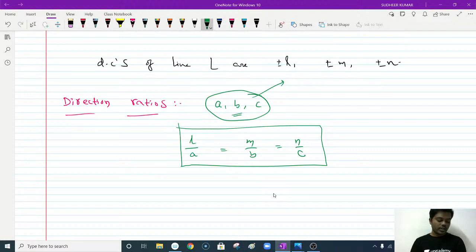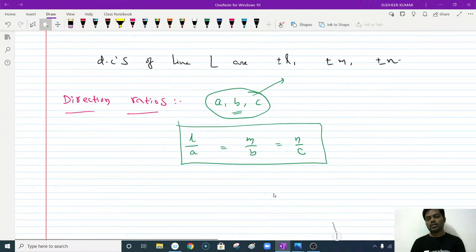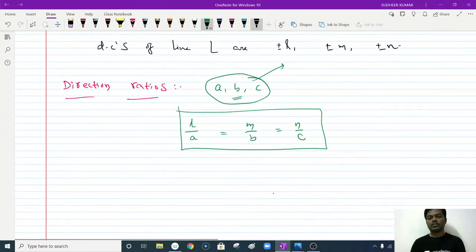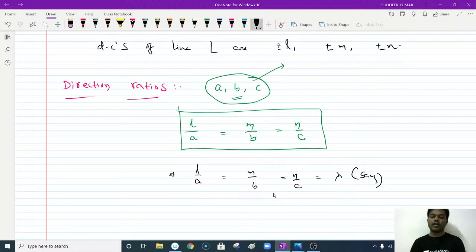Right? Using this, when these three ratios are the same, then we can write L by A equal to M by B equal to N by C equal to, suppose we take it as lambda, the constant value.